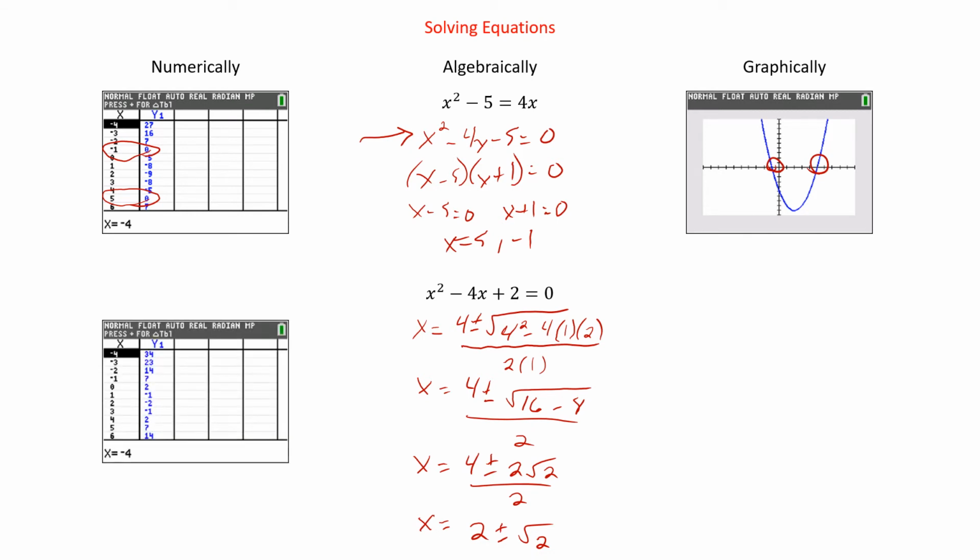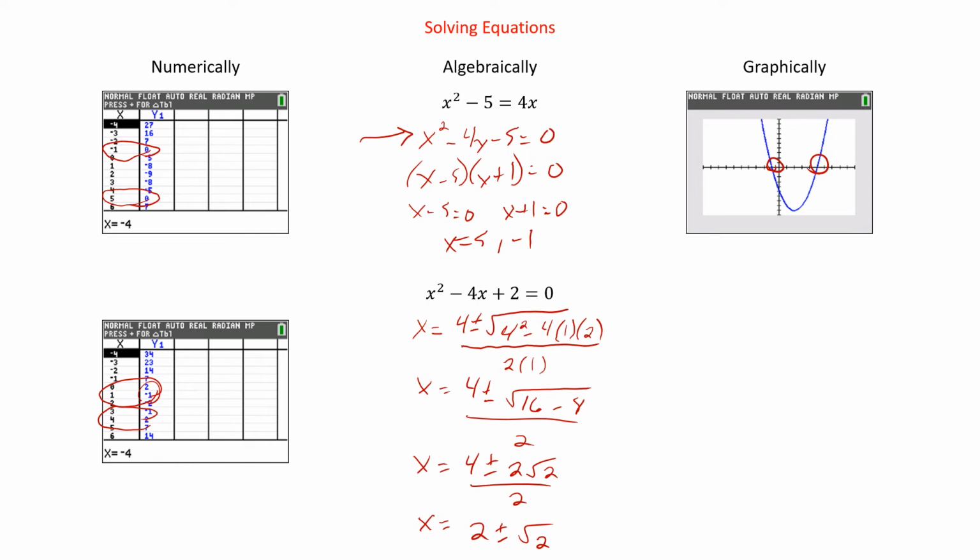Now if we tried to do it numerically, we're going to see that right here, it crosses from positive to negative. That means there's a root somewhere in between 0 and 1, but we don't know where. And then again, it changes from negative to positive, so there's a root between 3 and 4, but we don't know where. The numerical solution doesn't help us here.